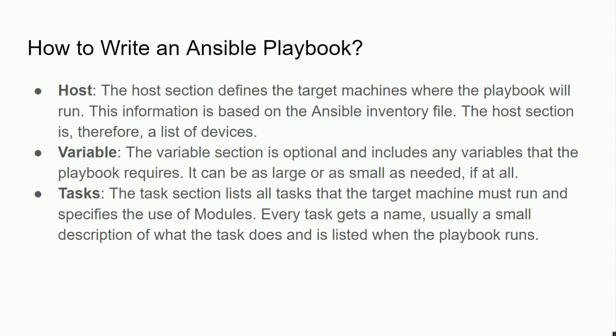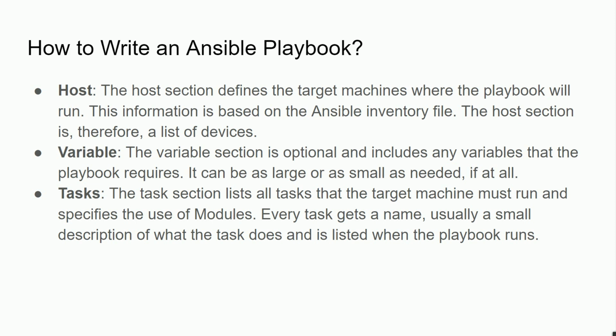How to write an Ansible playbook? There are three major components. First one is host, where you want to deploy this thing. Second, variables, which are optional, that you want the playbook to require, and they can be large or small as needed.